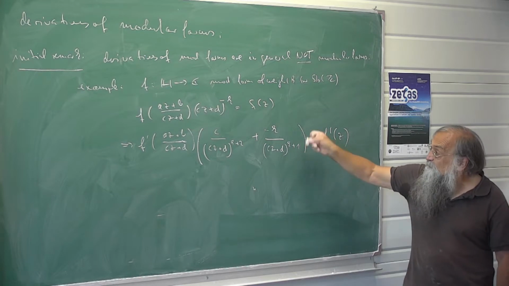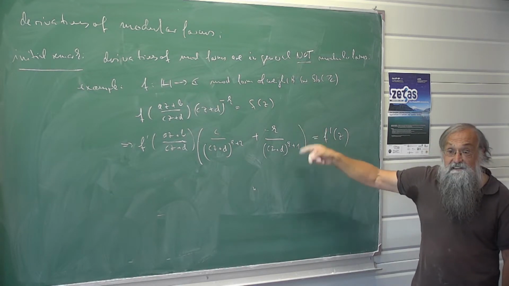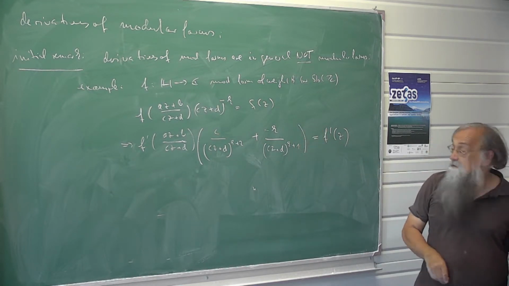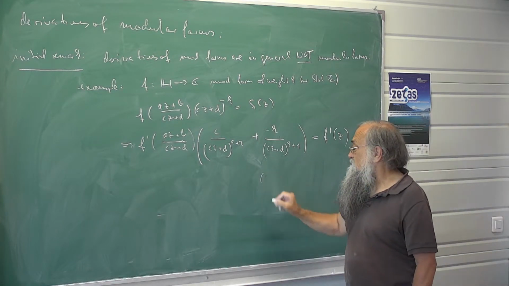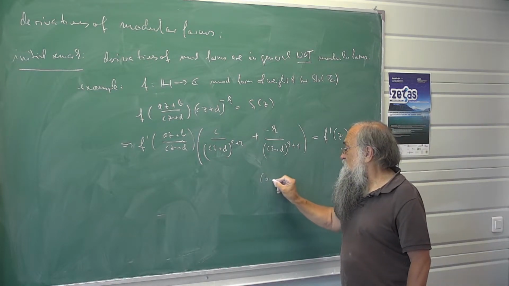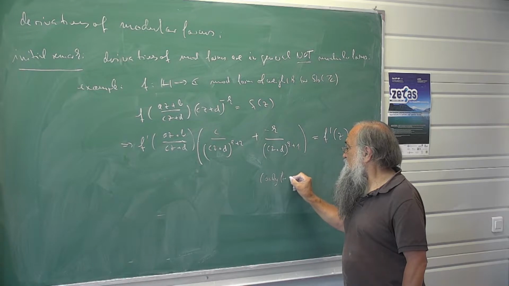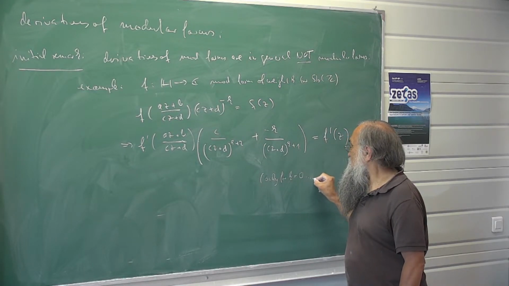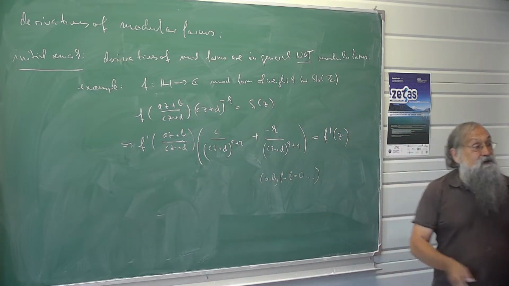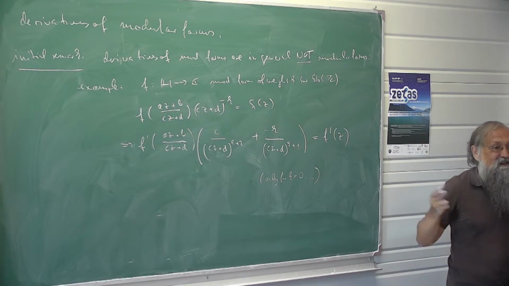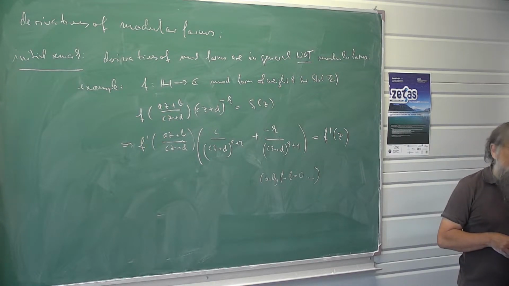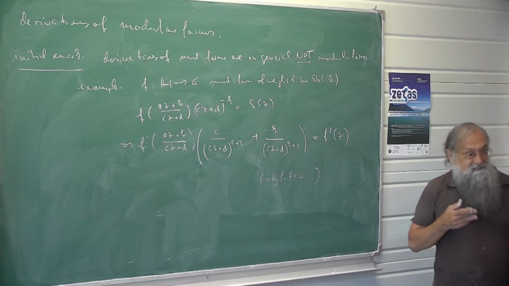We definitely don't get a modular form again by these derivatives unless k is 0. So the derivative of the j function satisfies an appropriate transformation property, but otherwise nothing happens.